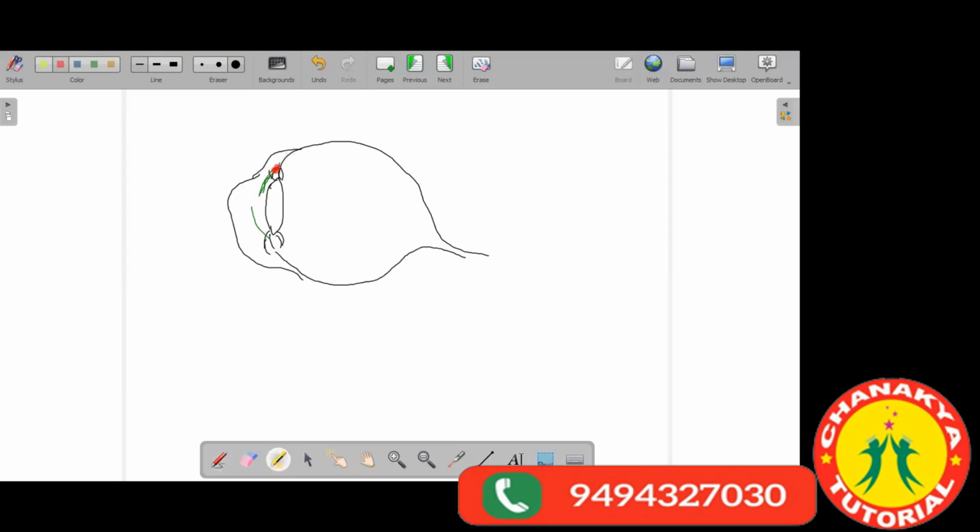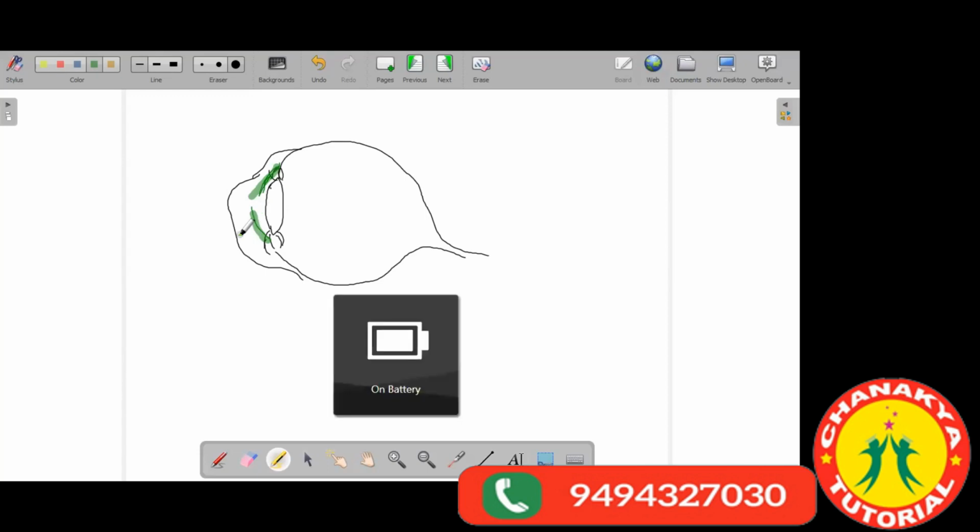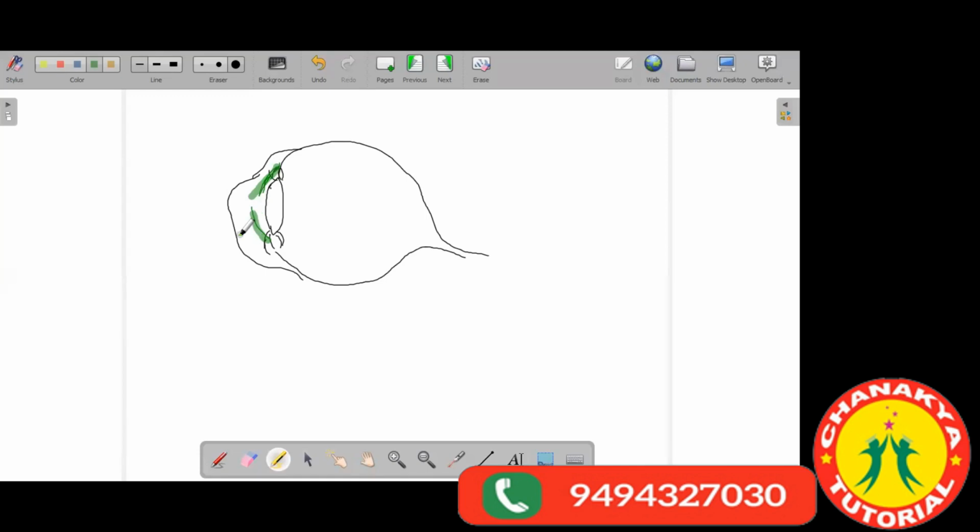If I draw it like this, this is your iris. And in between the iris, you have a small opening. That small opening, observed as the black colored spot, is the pupil. Got it? So what is the function of the pupil?